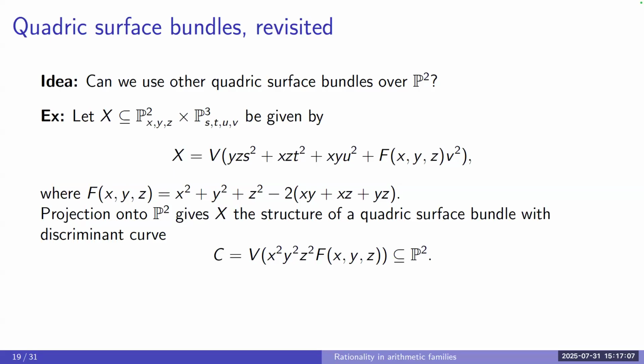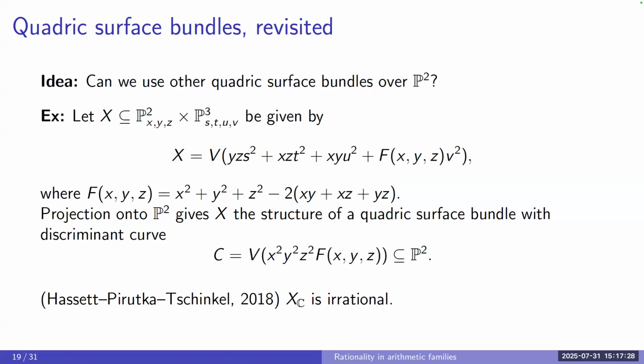Projection onto the P2 gives this X the structure of a quadric surface bundle over P2. And it has this discriminant curve of degree 8, but it's both reducible and not reduced. So it's a very degenerate discriminant curve. But that's actually kind of the point of this example.